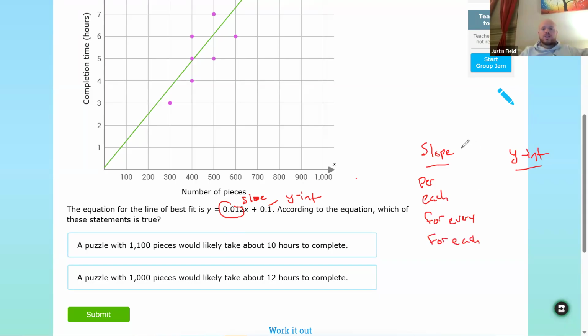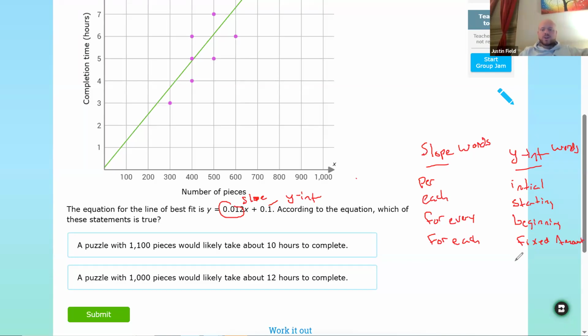When you see these things, they're asking you about the slope. Y-intercept words are different words. They might say initial, starting, beginning. They might be talking about a fixed amount.